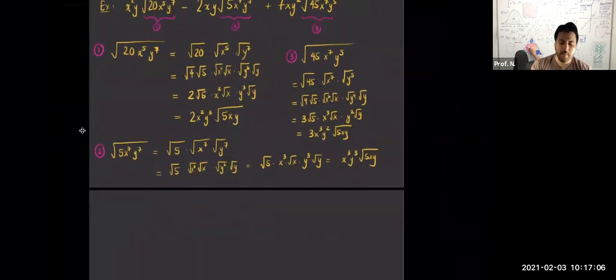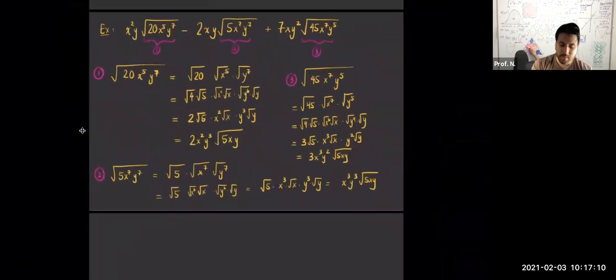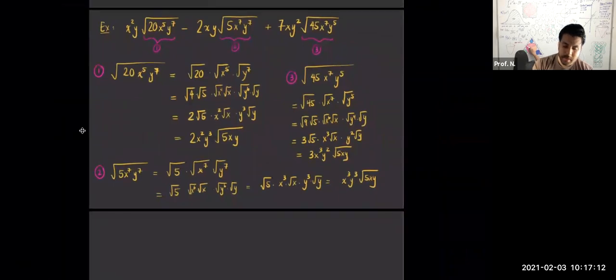So now I'm going to replace everything that I just broke down, right? I'm just going to box the expressions for number 1. This is number 1, this is for number 2, and this is for number 3. So I'm going to replace them in the original expression.